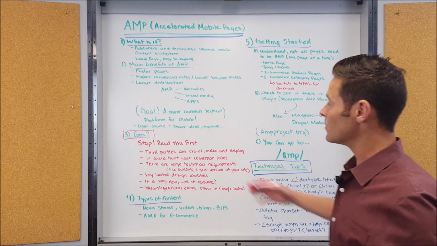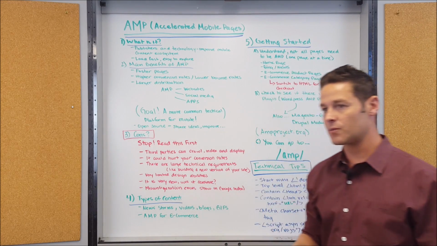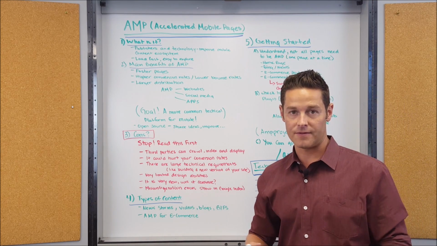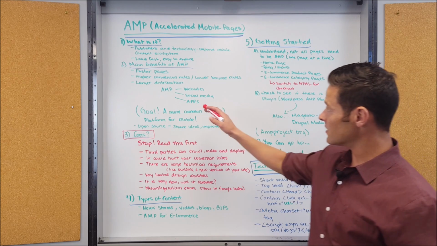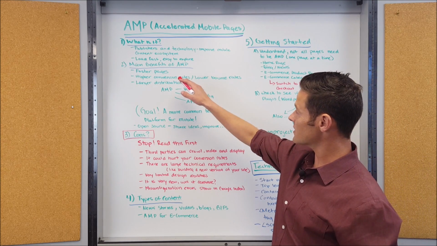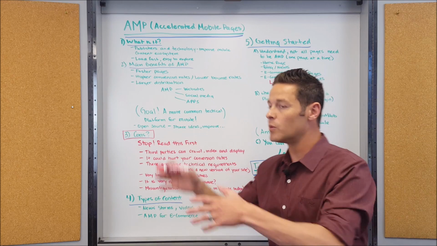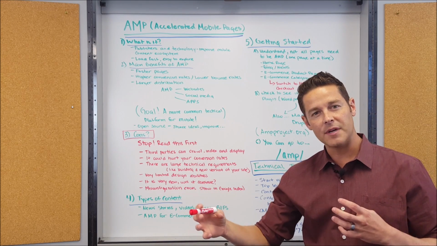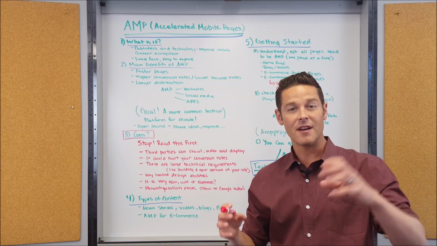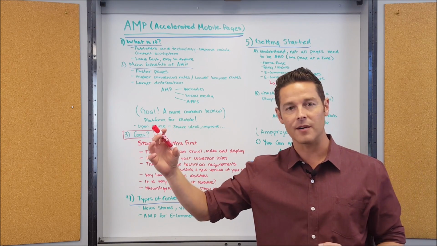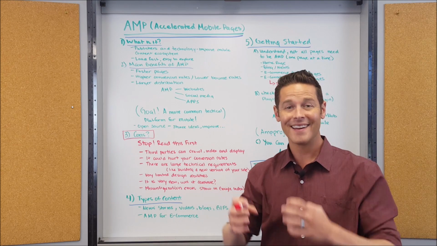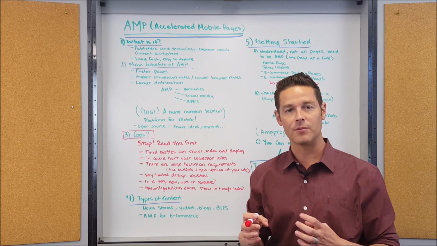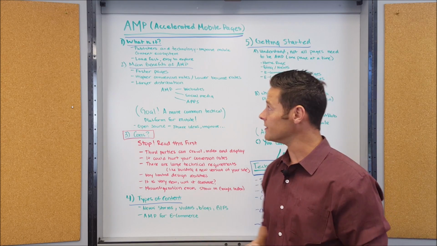So first things first, what is AMP? Well, AMP is really a way to make your mobile pages accelerated or faster. And it was originally created for publishers to be able to more quickly deliver information to their readers. So it's been kind of a mix between publishers wanting to have faster pages and technology companies wanting to be able to take that news and those blog posts and all that great information from publishers and display it more quickly.